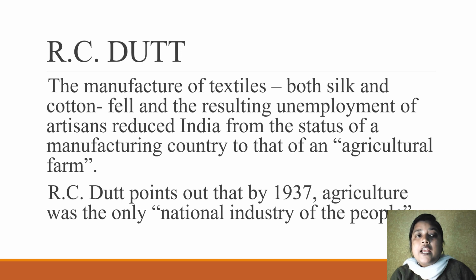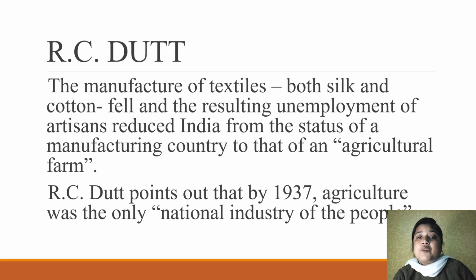RC Dutt says that the manufacture of textiles, both silk and cotton, fell, and the resulting unemployment of artisans reduced India from the status of a manufacturing country to that of an agricultural farm. So, as already discussed, India was reduced to the status of an exporter of raw materials and therefore to an agricultural farm, just in opposite to what it had been earlier, an exporter of cotton textiles on a very large scale.